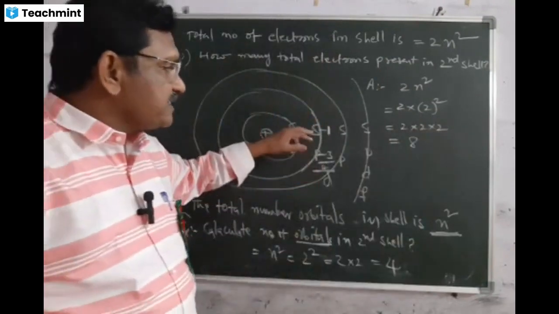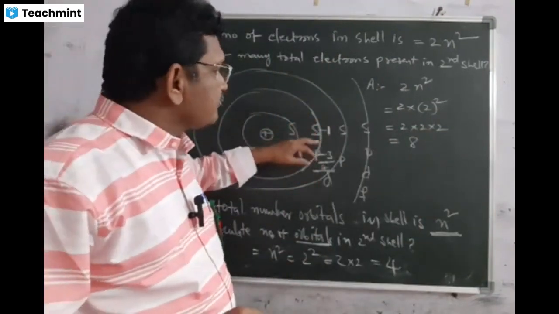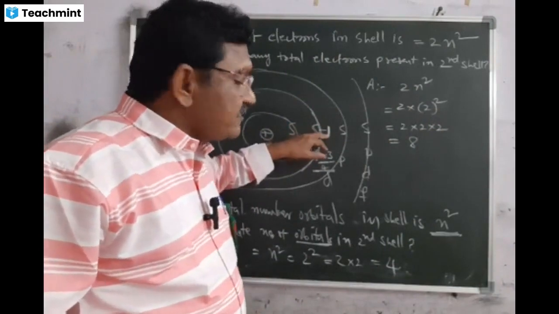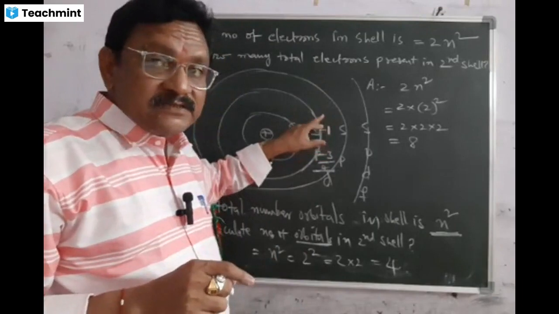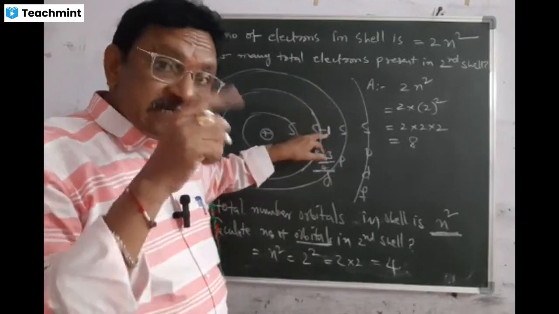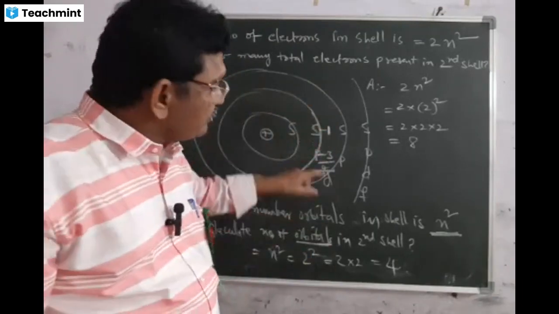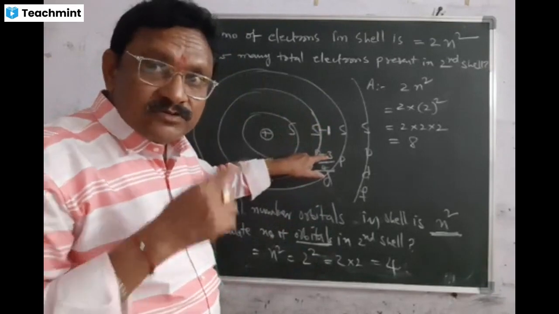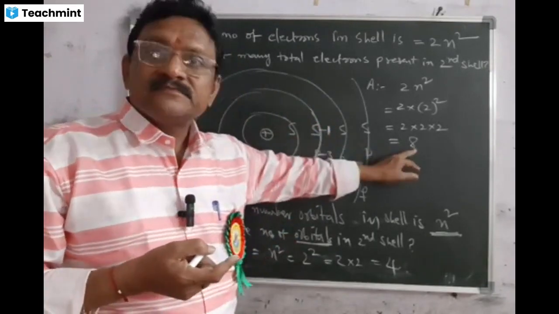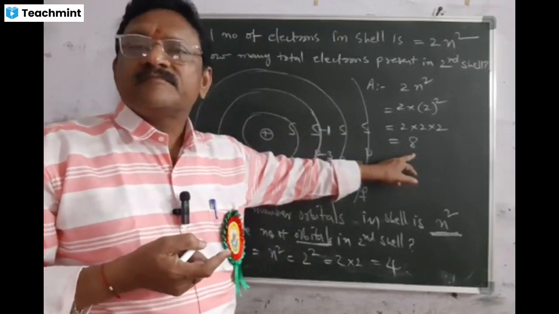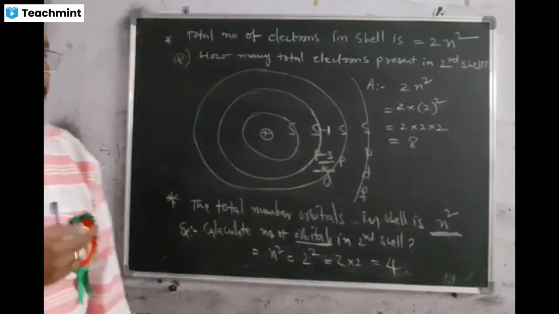So just check here. The S subshell has one orbital, no? One orbital holds a maximum of 2 electrons. Here 3 orbitals are there, no? 3 2s are 6. 6 plus 2, total number is 8. Clear now?